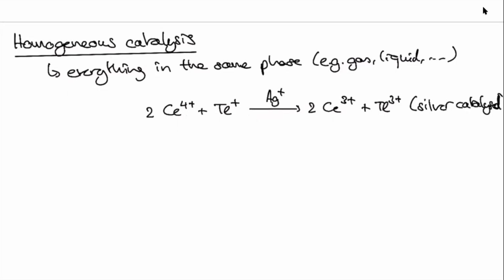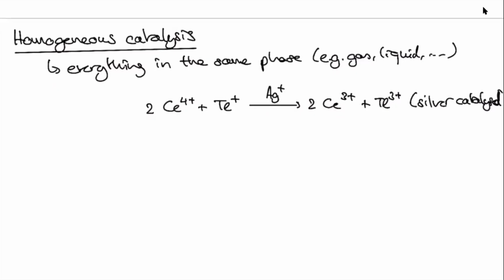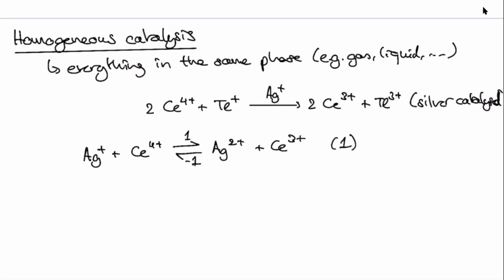Okay, so let's look at the proposed mechanism. So we have silver plus, cerium 4 plus in an equilibrium with silver 2 plus, cerium 3 plus. Call this reaction 1.